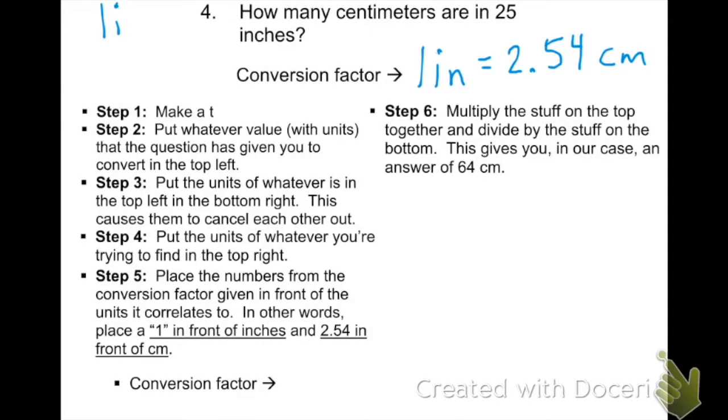So it would be 1 inch over 2.54 centimeters. Or I could flip it, where I would have 2.54 centimeters over 1 inch. But either way, it's simply stating that they are in fact equal and that you can use them in any conversion.